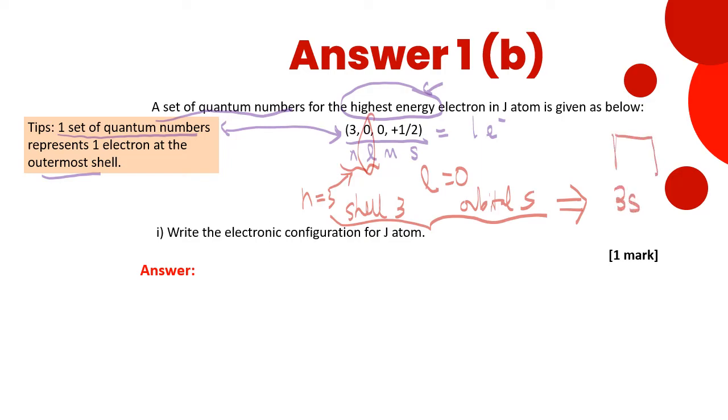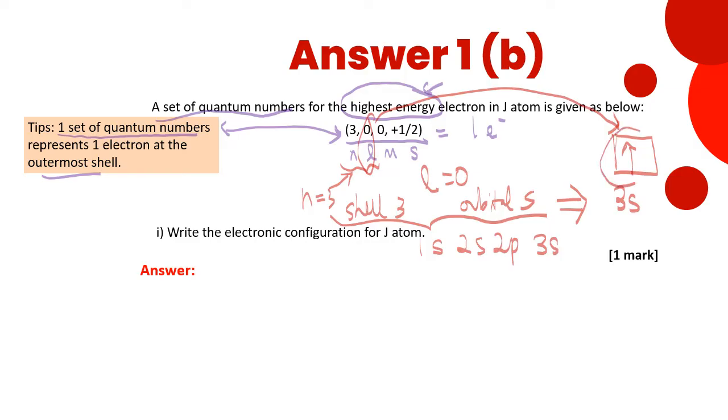3s has one orbital, and because you only have one set of quantum numbers, it is one electron at the highest energy level, the outermost shell. So 3s is the furthest. Before 3s, we have orbitals with lower energy, starting from 1s, then 2s, then 2p, followed by 3s.